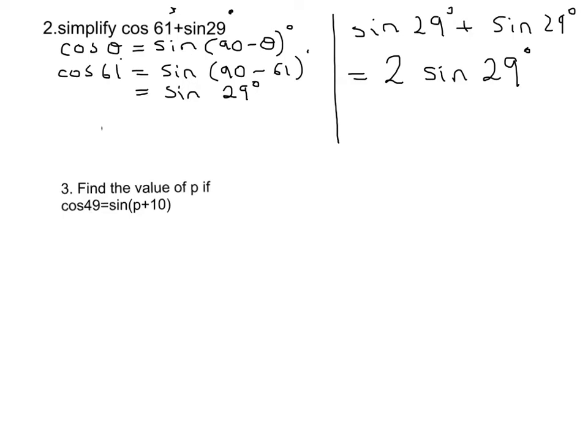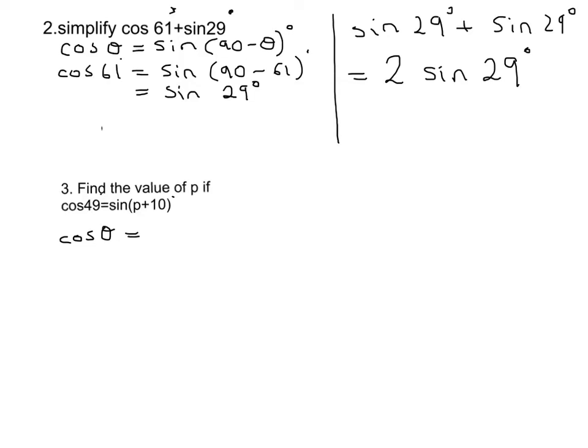Now, the last question here, the example number 3. I now need to find the value of P if cos 49 degrees is equal to that. Again, I'm going to change cos into terms of sine. So cos 49, actually, let's write the trig result first.